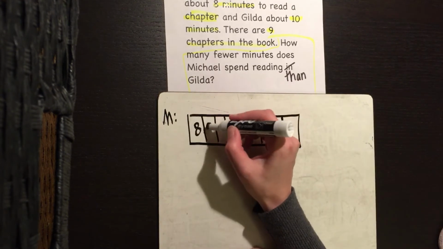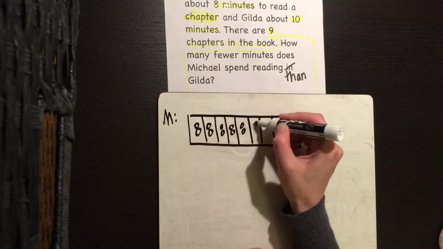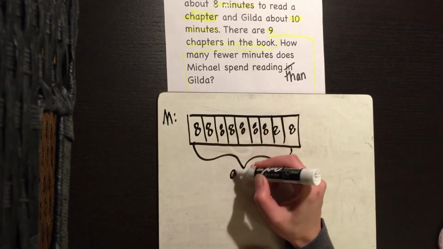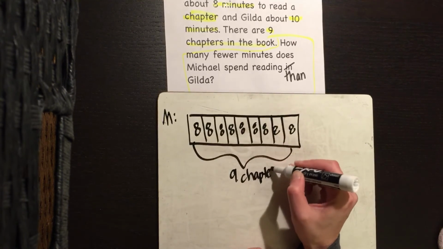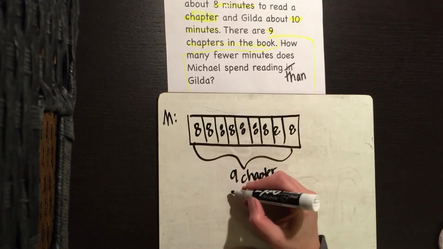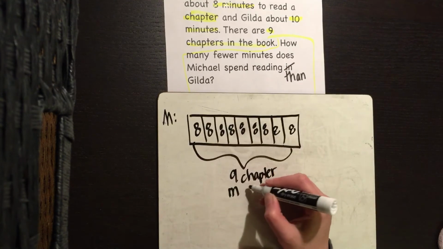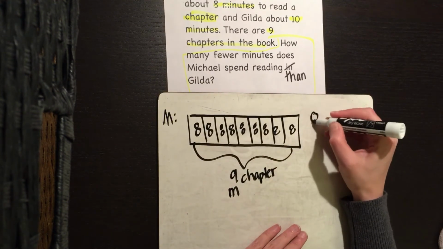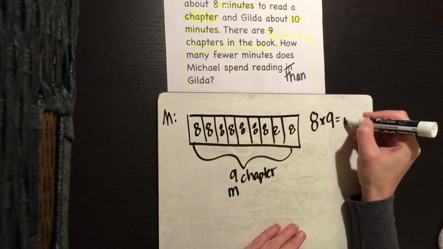And it takes him 8 minutes to read each chapter. I'm going to put M for Michael. So my multiplication sentence would be 8 times 9 equals M.